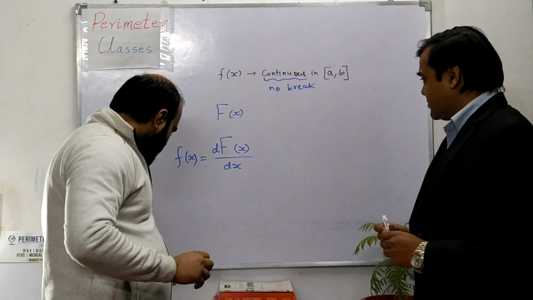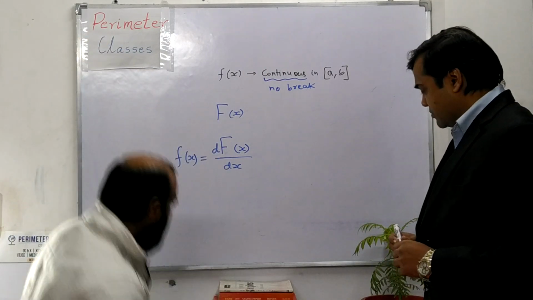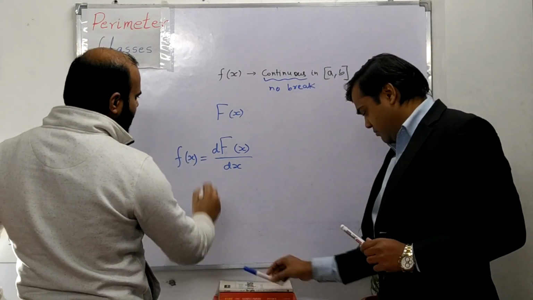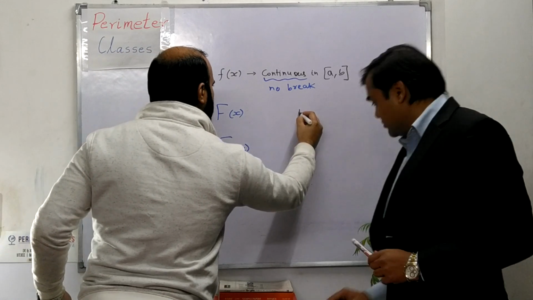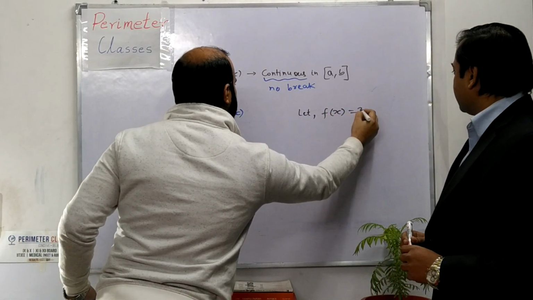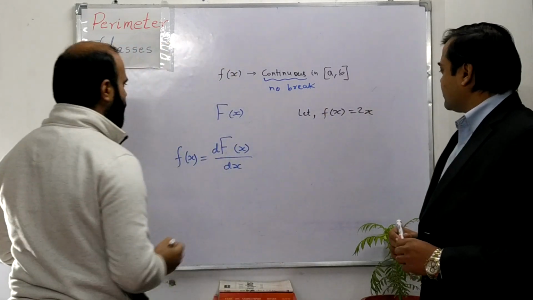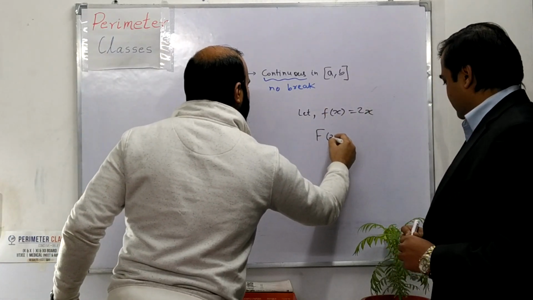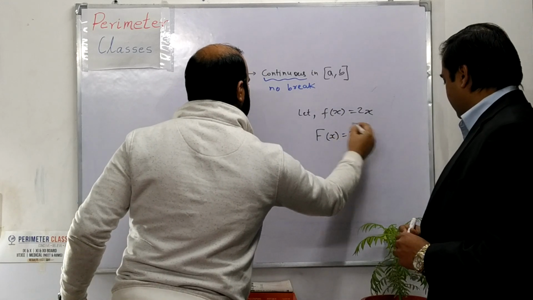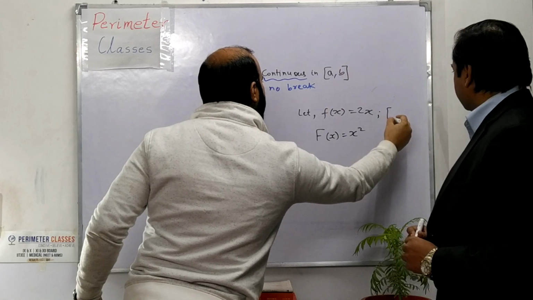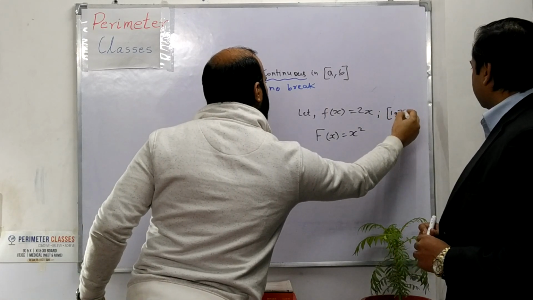So basically what we can do here is take a function f(x), suppose f(x) is equal to 2x, and capital F(x) is equal to x square. I am also taking an interval, though there is no need right now as it is already continuous everywhere.